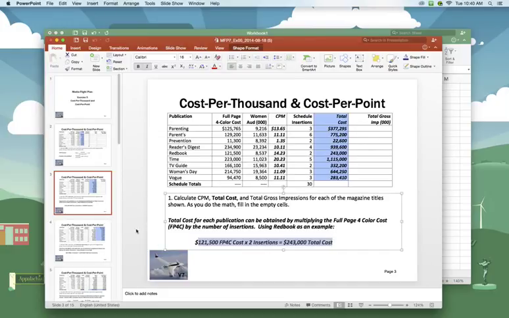Gross impressions come up in this case because you have your impressions here, and it's the same formula. Whereas with total cost, you do cost times insertions equals total cost, for gross impressions you have your impressions times your insertions equals your total gross impressions.